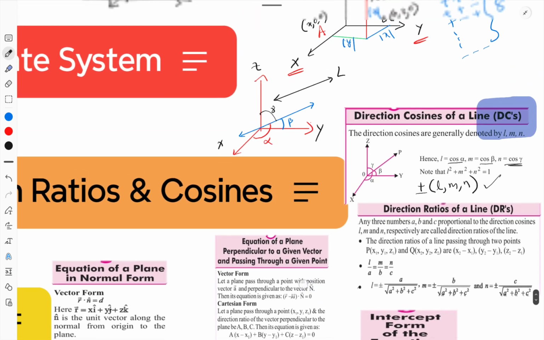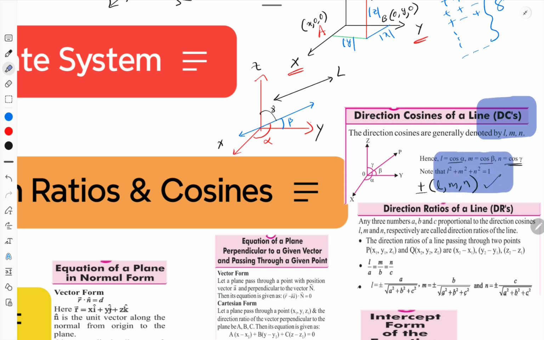So here there is a property related to direction cosines, that the sum of the squares L square plus M square plus N square would be 1. Let's see.